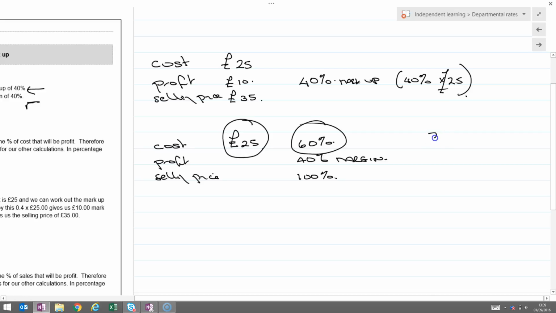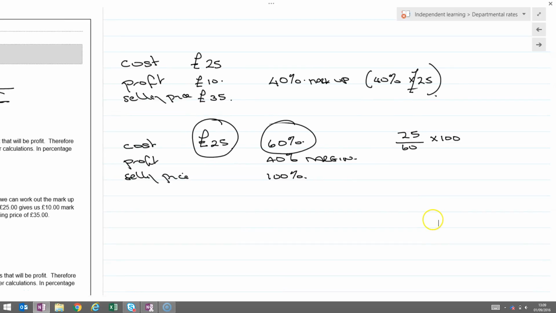So if we take our £25, divide it by 60, that tells us what 1% is. Then multiply it by 100, and that tells us what 100% is. And 100% is £41.67.